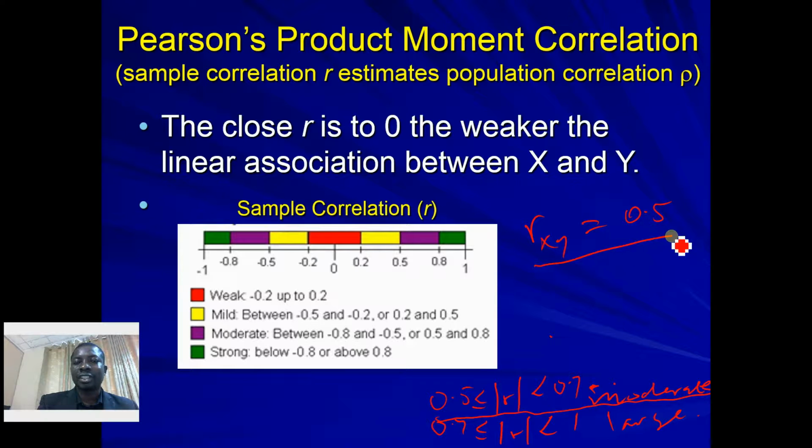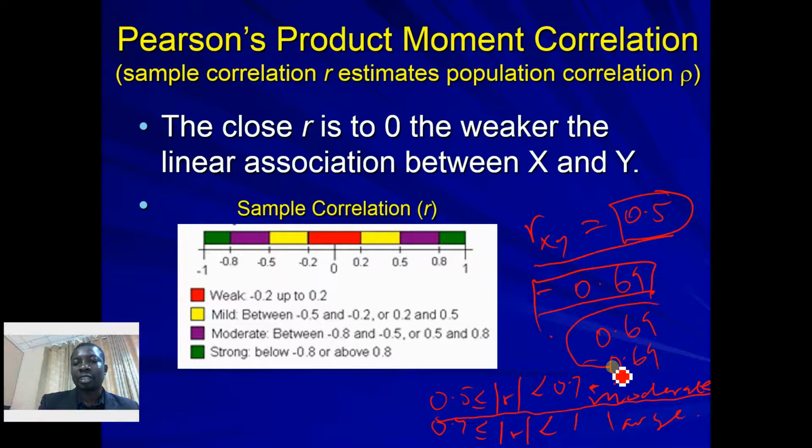This one is a bit slightly different from the classification by the first one that we looked at. So if you have negative 0.69, then it falls also within the same moderate. So we say that the correlation coefficient is moderate, but it's negative. This one is moderate, but positive. So you have 0.69 and negative 0.69. They are all moderate, but the difference here is that one is negative and one is positive.